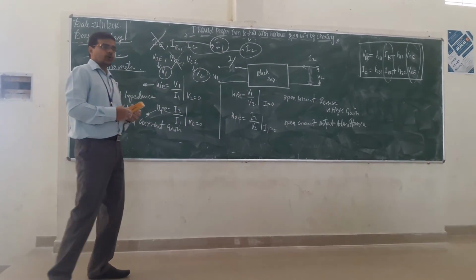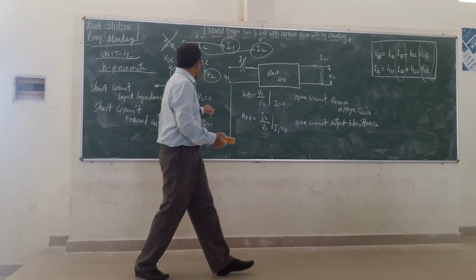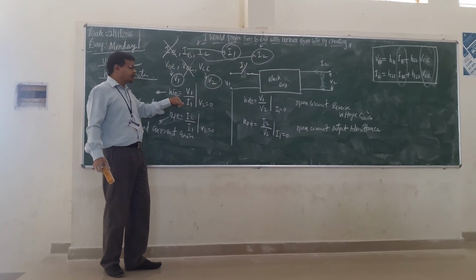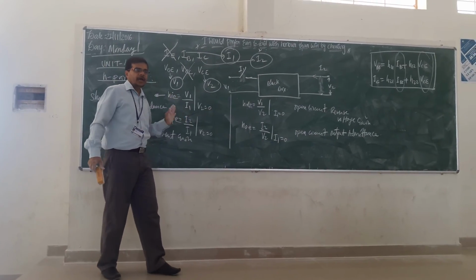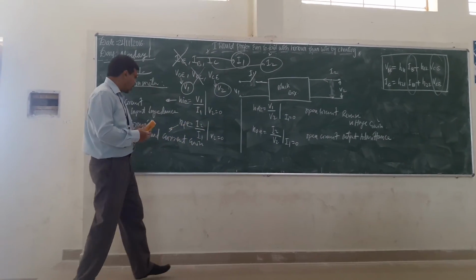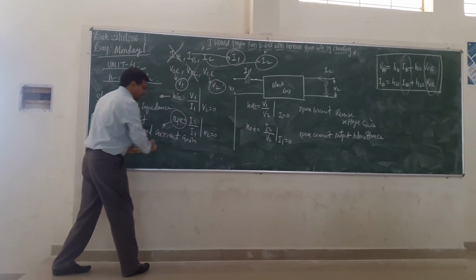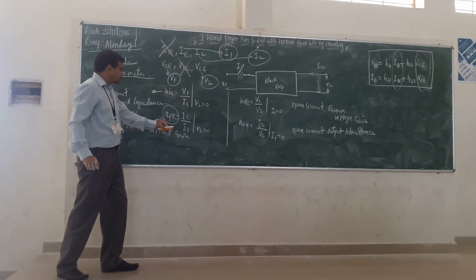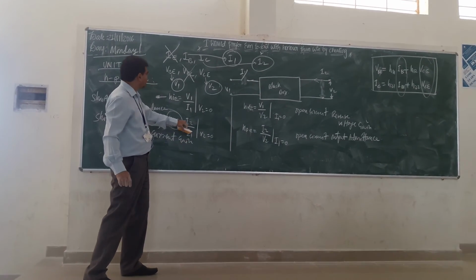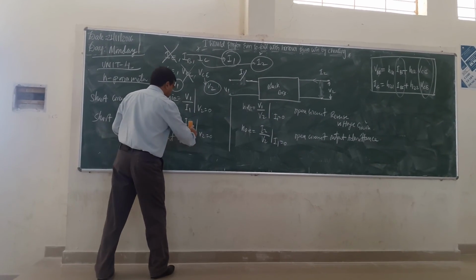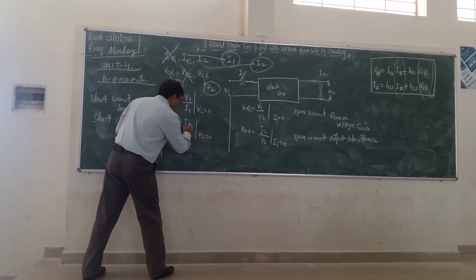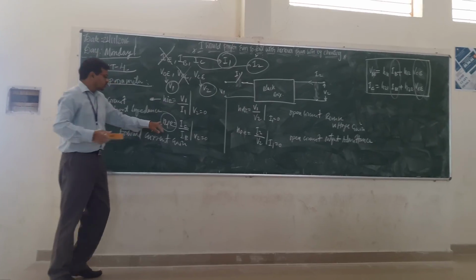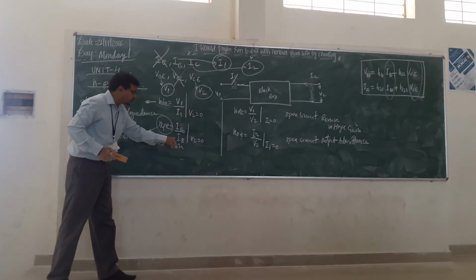Now, suppose if you are going for your common base, then this will become B, and if you are going for common collector, this will become C. Remaining parameters remain the same. Now, if I am seeing this one, HFE. HFE means it is telling I2 by I1. What is this I2? I2 is your IC, and I1 means this is your IB. So HFE is equal to IC by IB.